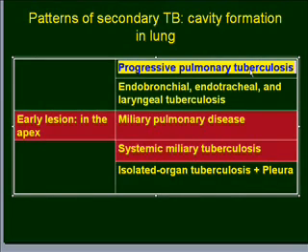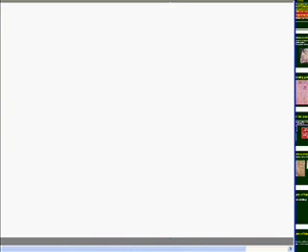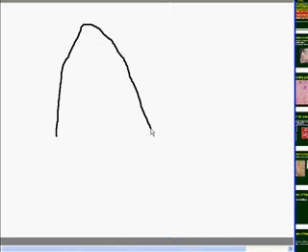So what happens in progressive pulmonary tuberculosis? Now I will try to draw a picture for that. So let us see what happens. What I am trying to draw here is a lung. This is a lung tissue, and this particular person has the secondary tuberculosis in the apex of the lung, which is the most common location for the secondary tuberculosis.